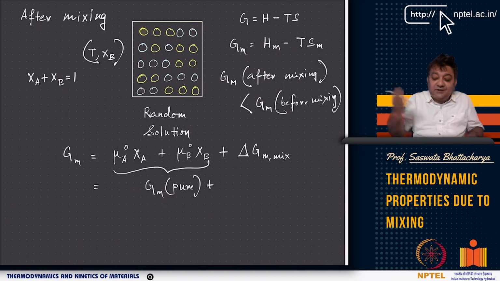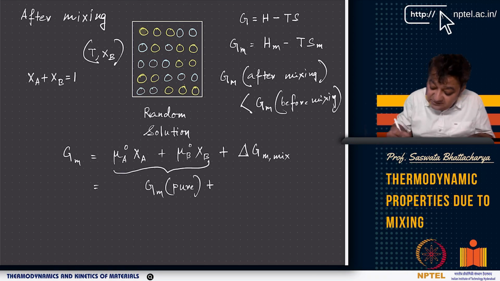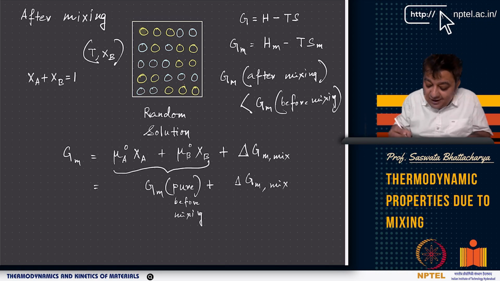Now once the partition is removed, A and B are completely mixing. Then you have this Gm of the pure components, that is before mixing, and then you have the delta Gm mix, that comes after mixing, and that part basically reduces the energy.